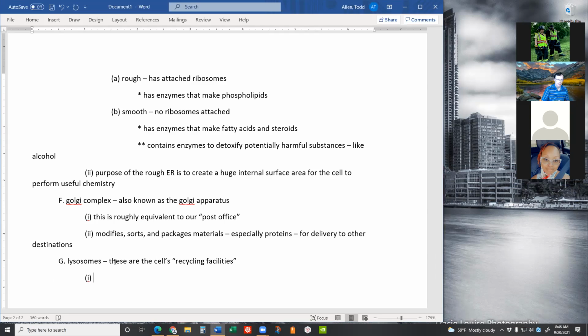Okay. And so, what is the purpose of recycling? It's to break something down and reprocess it and reuse it to build something new again, right? I mean, that's what a cell's going to do as well.